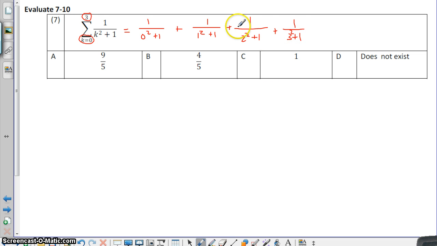Okay, so nothing too fancy here. 1 over 0 plus 1 is just 1, plus 1 squared plus 1 is 1 over 2, plus 1 over 5, plus 1 over 10.